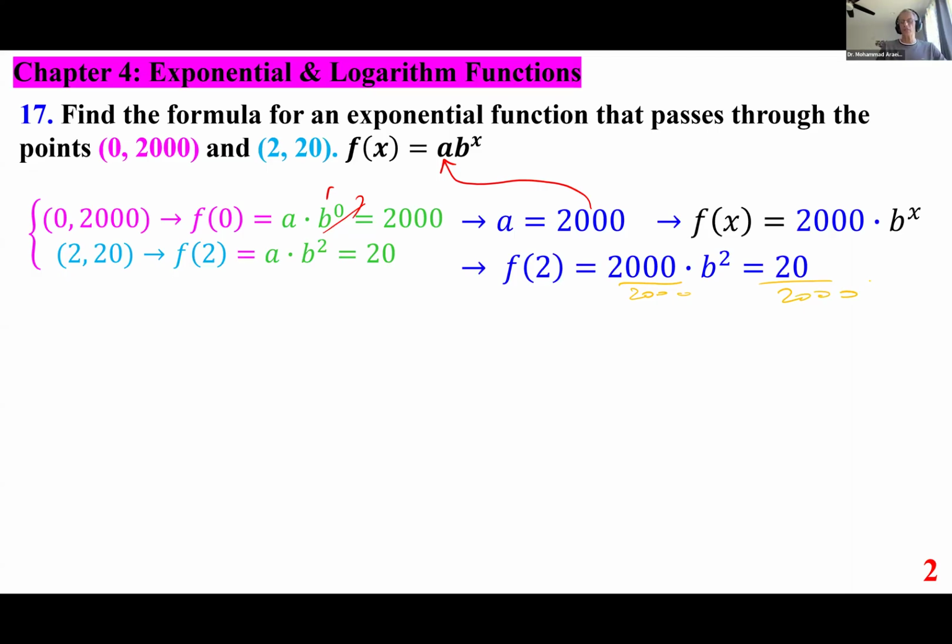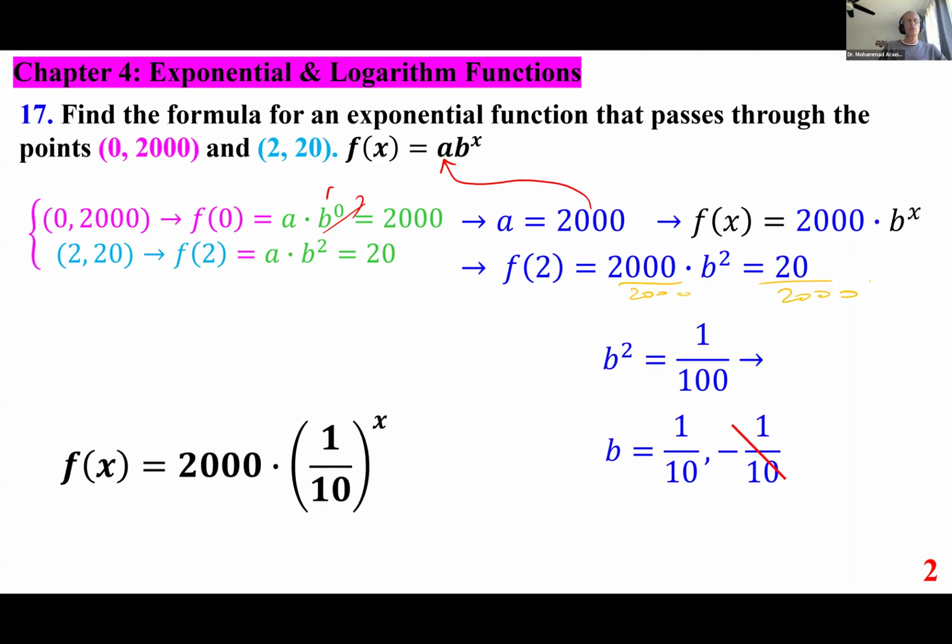Let's divide both sides by 2000. We get 1 over 100. Let's take a root. b becomes plus minus square root of 1 over 100, which is plus minus 1 over 10. And we can't have a negative as the base.